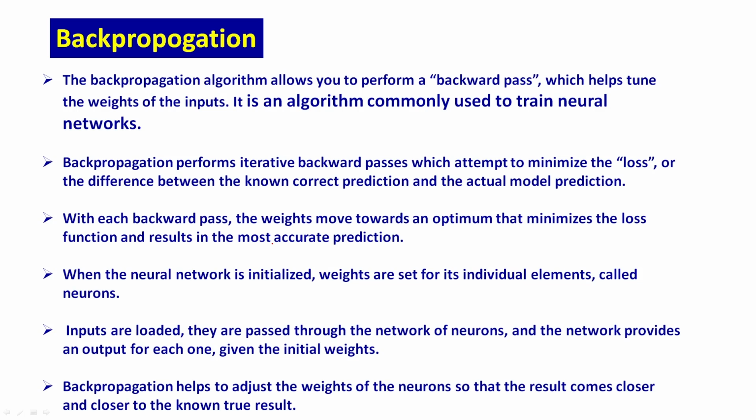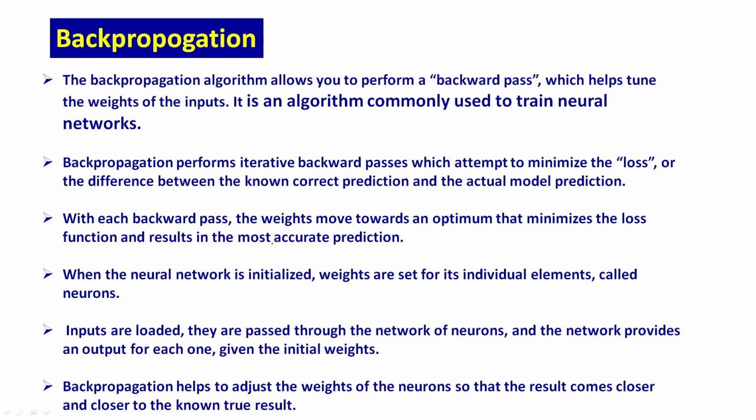With each backward pass, weights will move towards an optimum value that minimizes the loss function and results in more accurate predictions. When the neural network is initialized, weights are set to individual elements. You can set any weights actually, but basically we set the weights based on our perception of which factor is going to play a more important role in predictions, and that may not be the case for our actual prediction model.